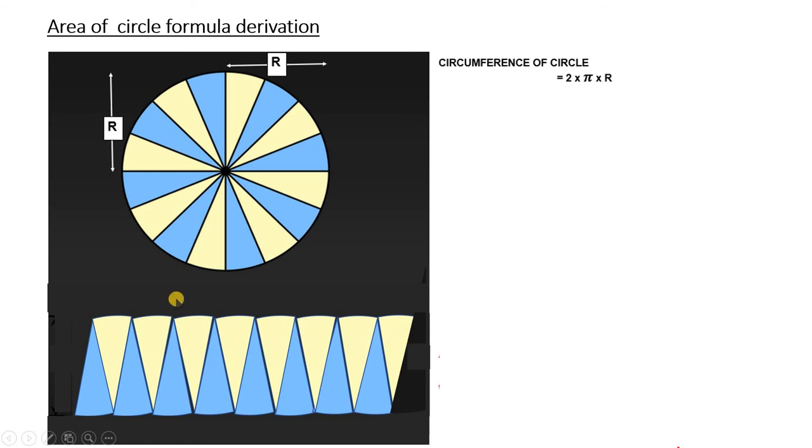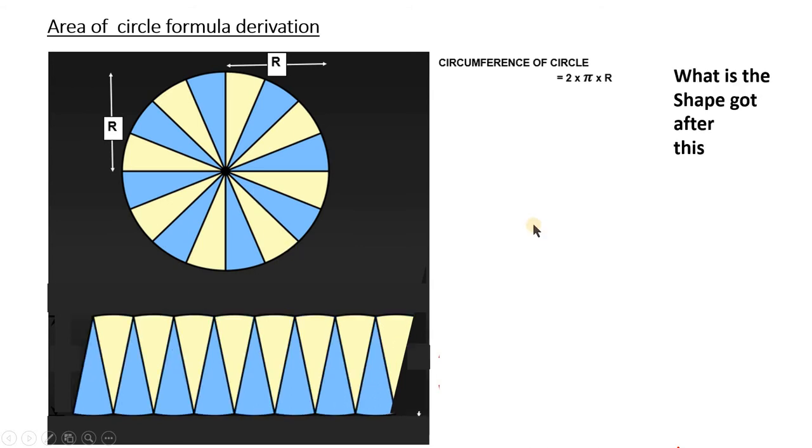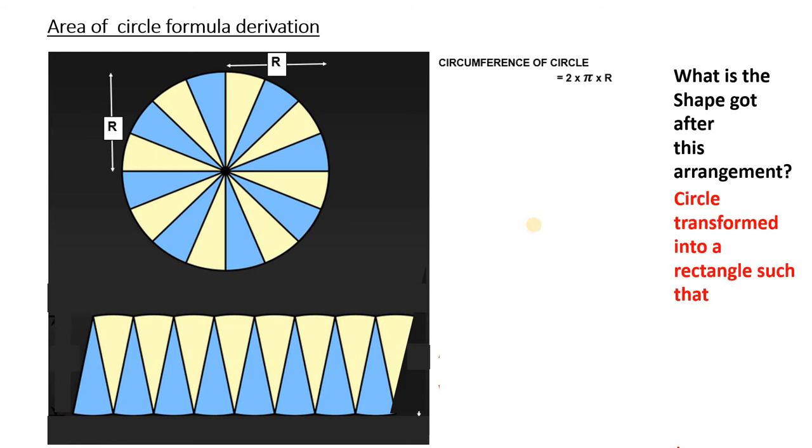So now I have got a new shape. What is the shape after this arrangement? The circle has transformed into a rectangle such that the area of the circle is the same as that of the rectangle.